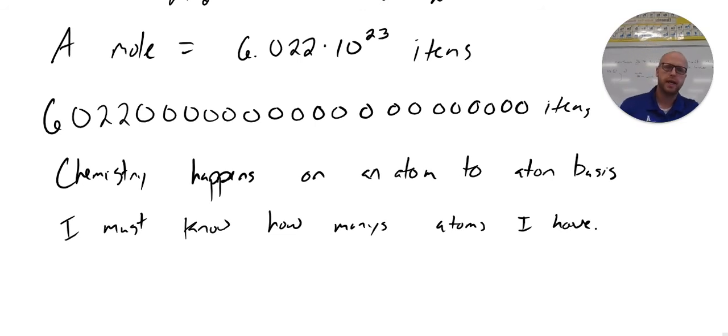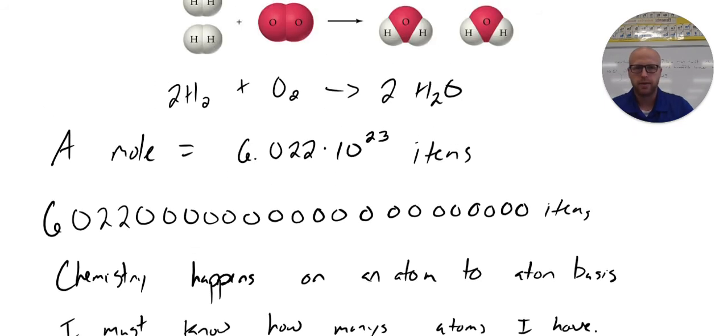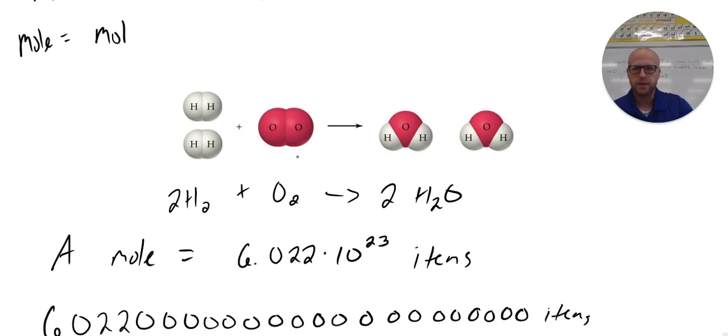And then we can start to predict how these atoms are going to react, or how many other atoms I need. So if we go back and look at this reaction we have up here, I need 2 of these hydrogen H2s per every 1 oxygen. So if I had 2 O2s, say another oxygen molecule up here, well, I would need 2 more additional H2 molecules to keep the ratio the same, to keep this 2-to-1 ratio.